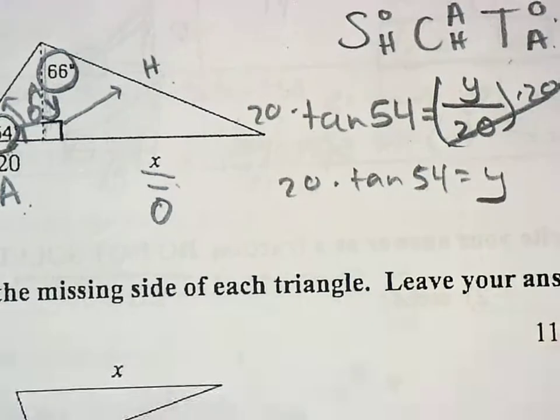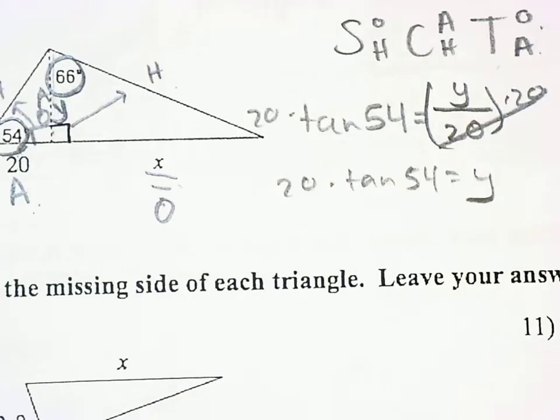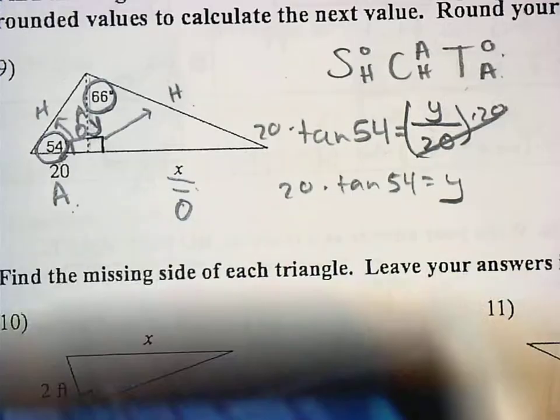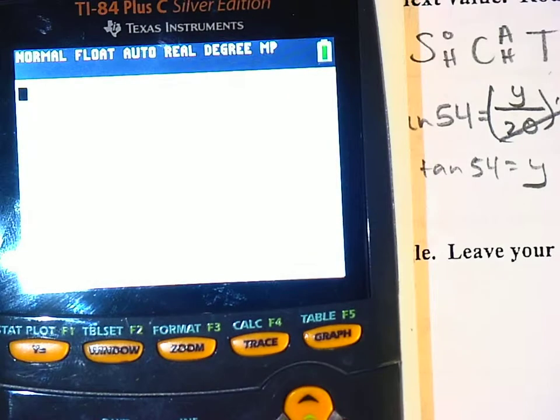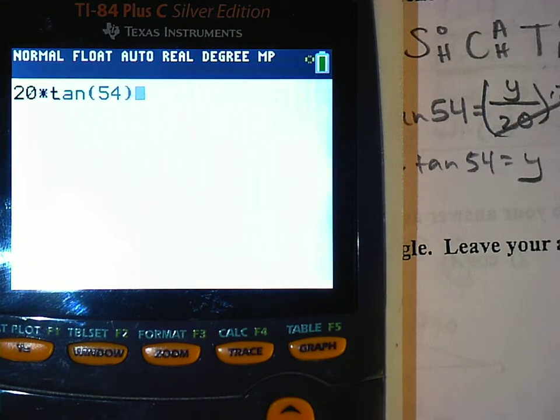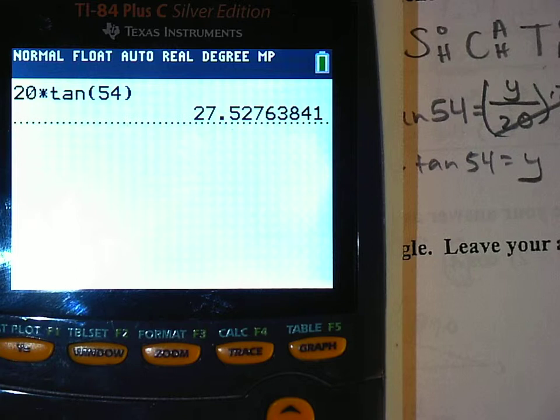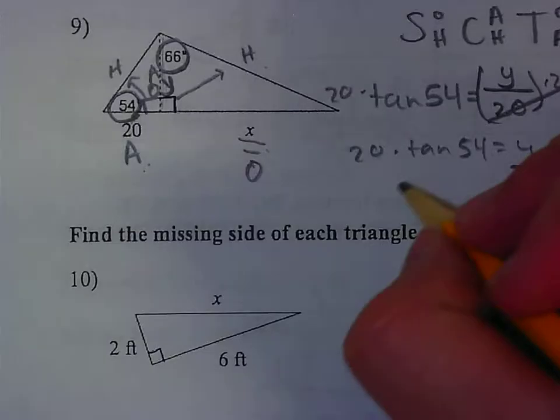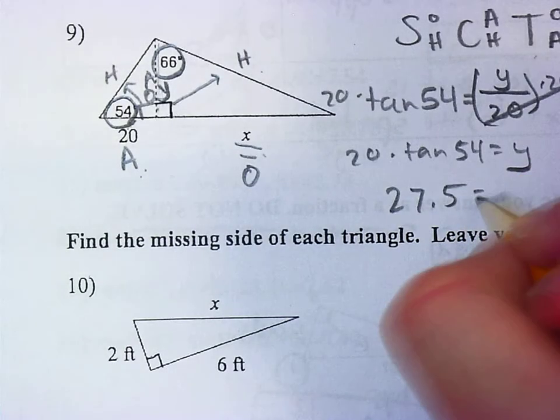And now that y is alone, I can just plug in that stuff on the other side right into my calculator. So y is 20 times the tangent of 54. And again, remember they want intermediate values rounded to the nearest tenth. So we're going to do 27.5. 27.5 equals y.